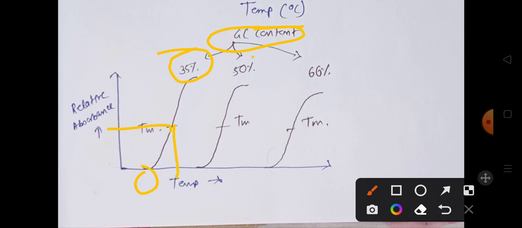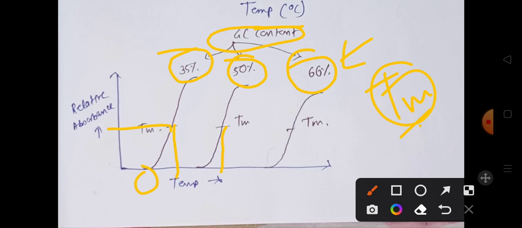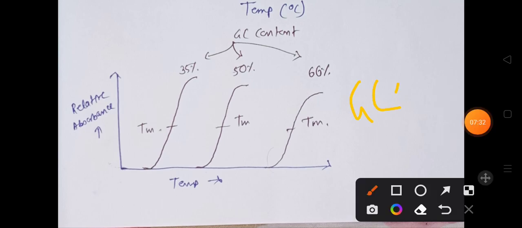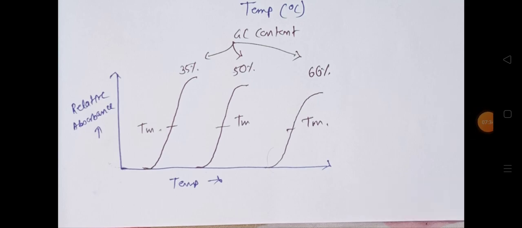But when the GC content is 50%, we need a higher temperature to get the Tm value. And when we used a DNA of 66% GC content, we see that the Tm value is at a higher temperature, right? That simply tells us that the higher the GC content, the higher will be the melting temperature, right?